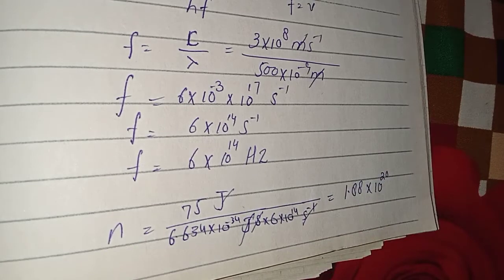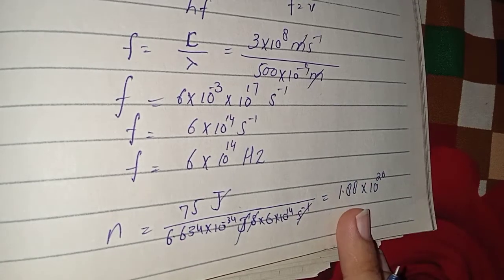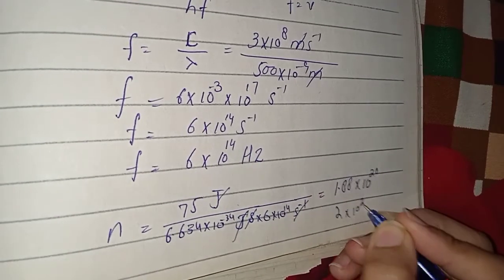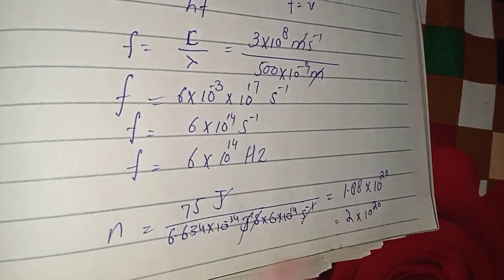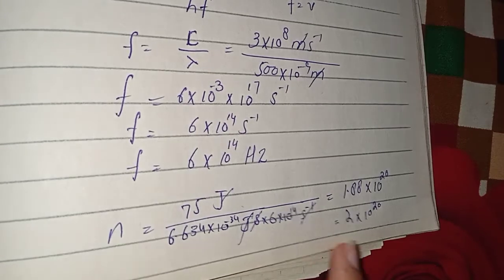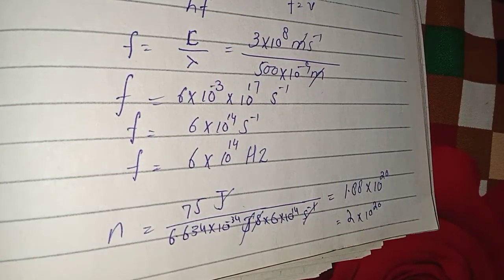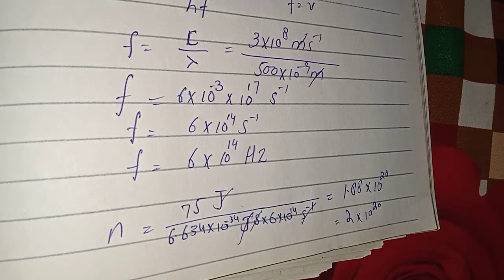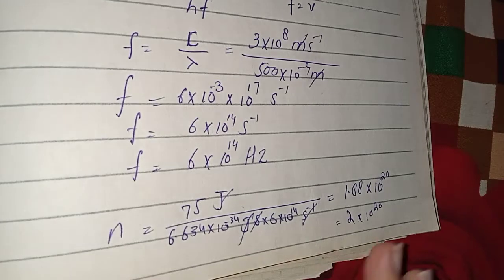As the number of photons should be an integral value, I am going to round off this number to 2 into 10 raised to power 20, and the number of photons wouldn't have any unit, as you already see in this equation how all the units are cancelled out. These are the number of photons which are emitting from the light bulb.